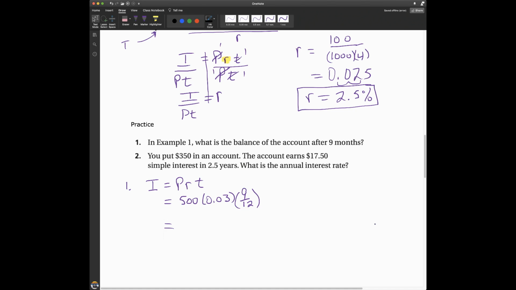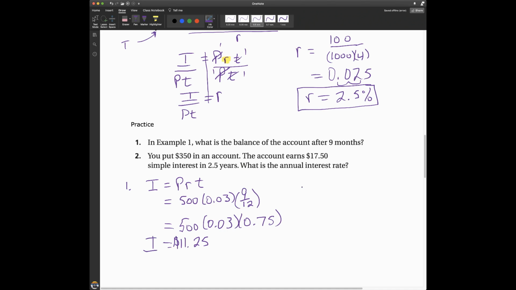If I wanted to write this as a decimal, I would write this as 500 times 0.03 times, and then in my calculator, I would put 9 divided by 12, and I would get 0.75. All right, so we multiply all that together, and we get, let me see here, interest is 11.25. Remember, interest is dollars.